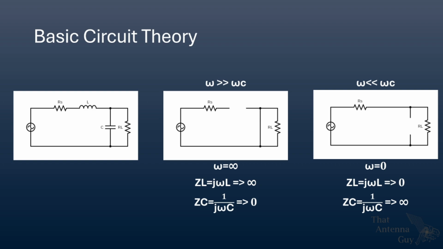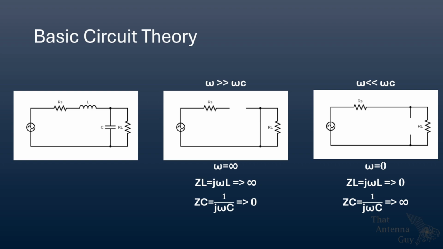Conversely, the impedance of a capacitor, which is 1 over j omega c, will tend towards 0 as omega tends towards infinity, and that will look like a short. So as you can see in the second diagram here, we have something that will not pass frequencies through for frequencies much, much greater than omega c.